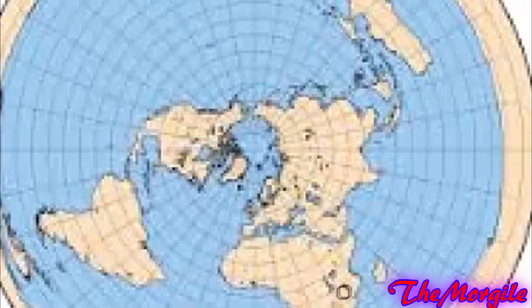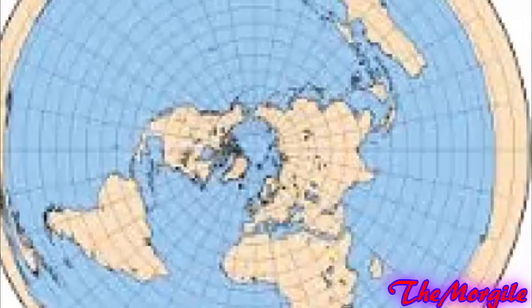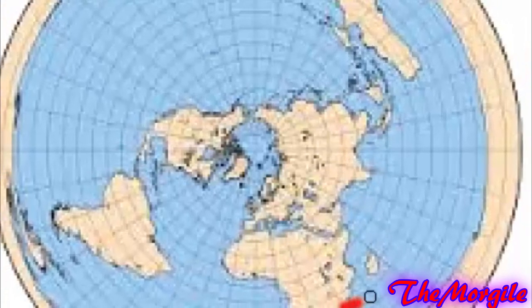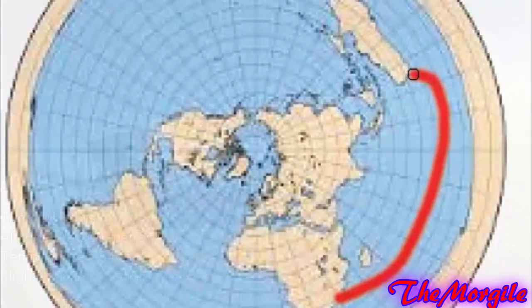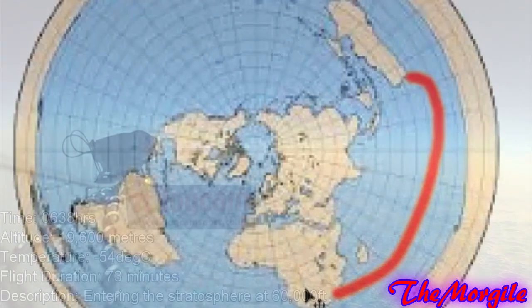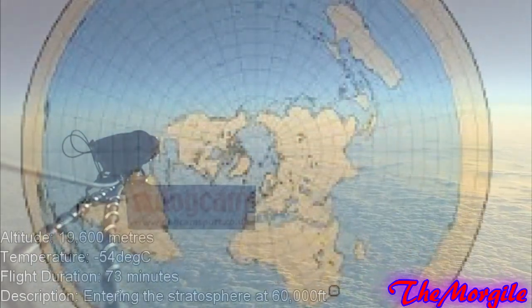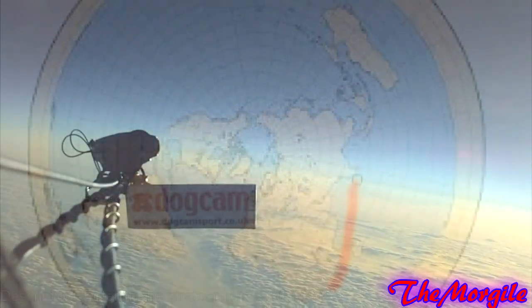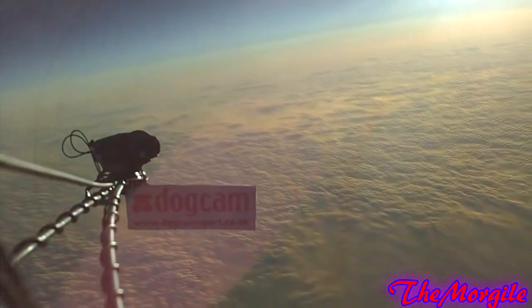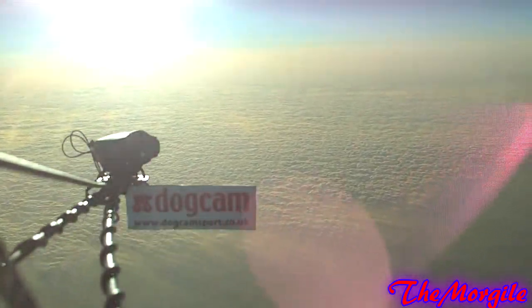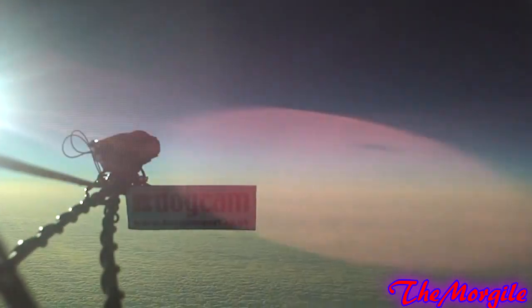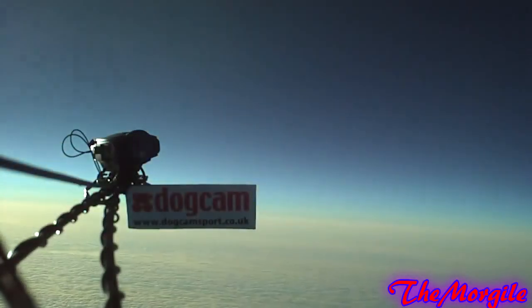And finally, one more example that I'll give as to why the heliocentric model falls flat on its face is the fact that we're expected to believe that the upper atmosphere exists adjacent to a very low pressure system.